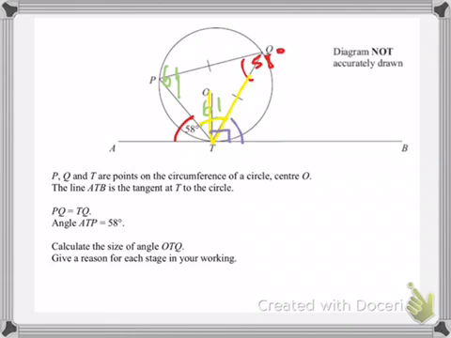So 180 take away 119 out here is 61 degrees as well. You could have got that from the alternate segment theorem, because here would be the same as up here, jumping across. Now we know that this angle is 90 degrees. So if it's 61 on the outside, to find this wee bit in here, it's 90 take away 61, which is 29 degrees. So there's a lot in that one.